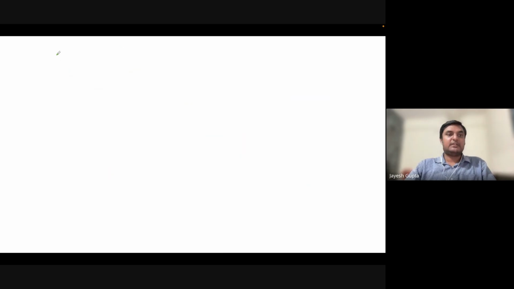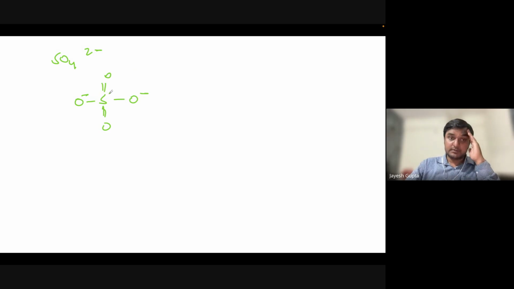Okay, likewise we can also make it for SO4 2 minus. For SO4 2 minus, you have a structure like this one, S double bond O, S double bond O. In the last class in Lewis dot structure we have seen this. So here you can see this negative charge can go on 4 oxygen atoms. So -2 by 4, so minus half. So the resonance hybrid will be looking like this one.